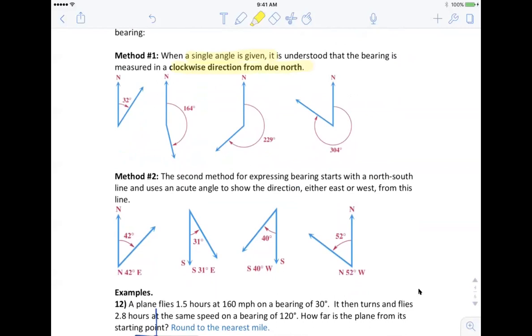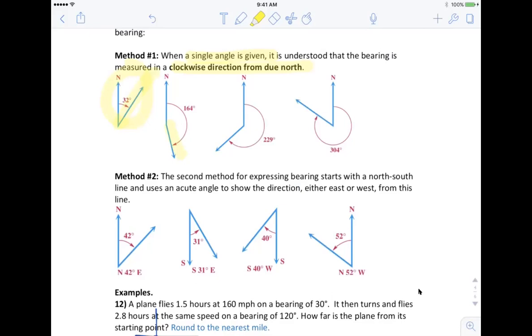So if the bearing is 32 degrees, that means the airplane is traveling 32 degrees clockwise from the north, right? There would be the plane's travel right there, okay? So here, 164 would be heading in that direction. Kind of like you're looking down on the plane or the boat, right, from above, okay?